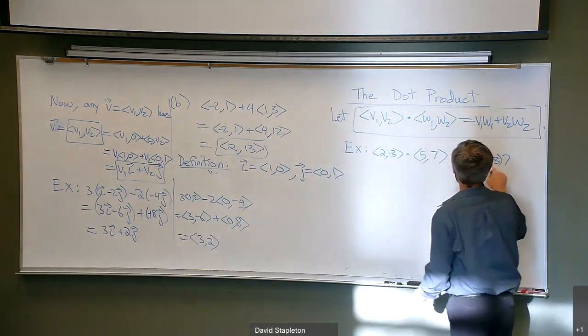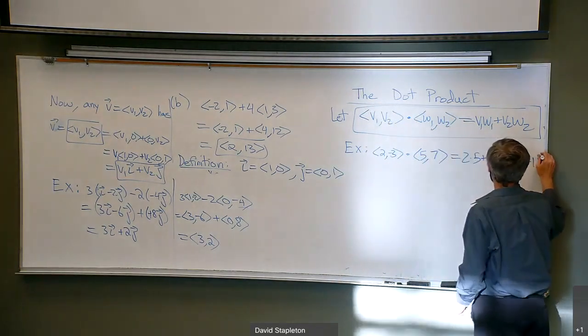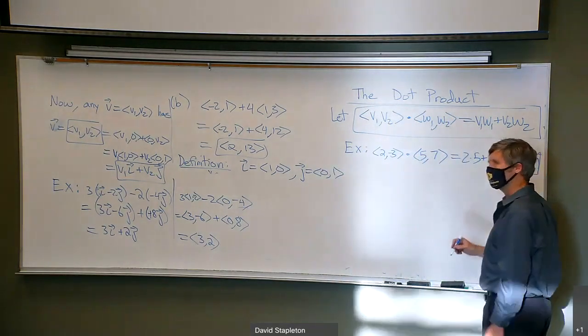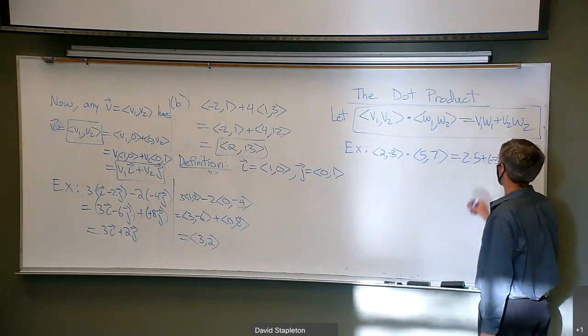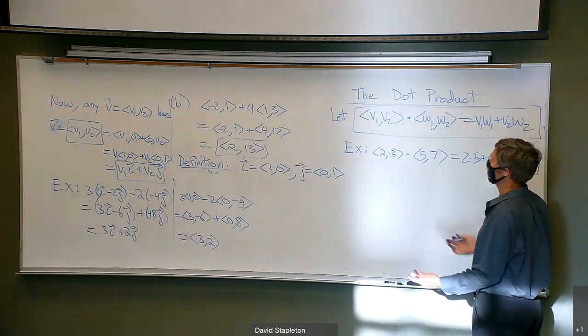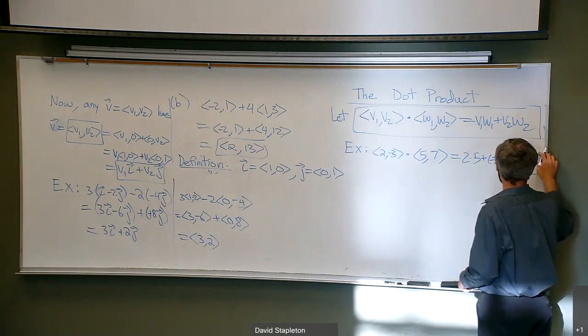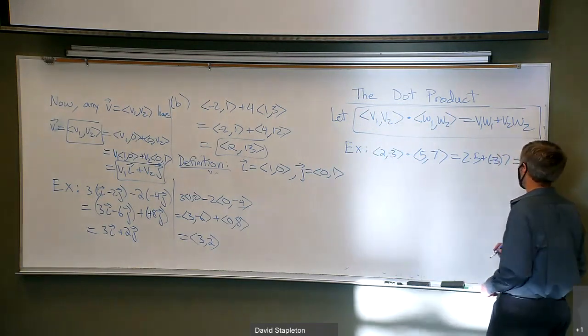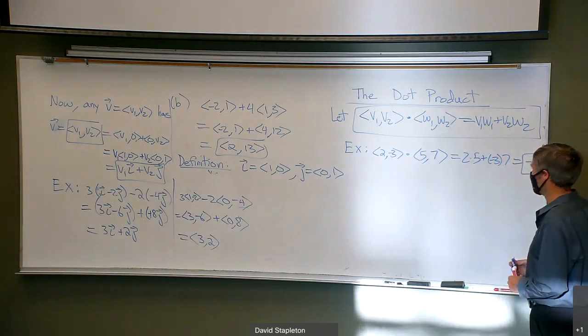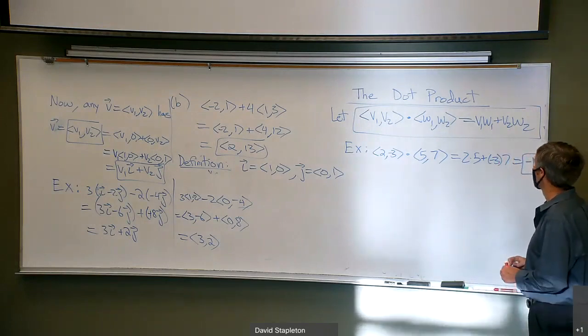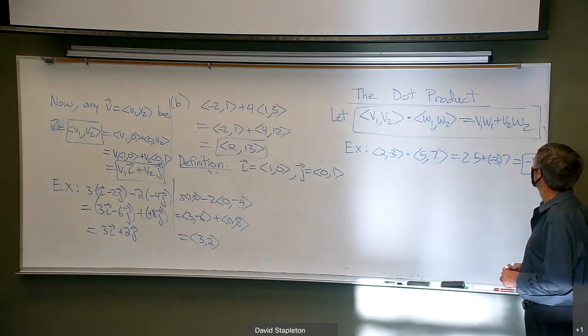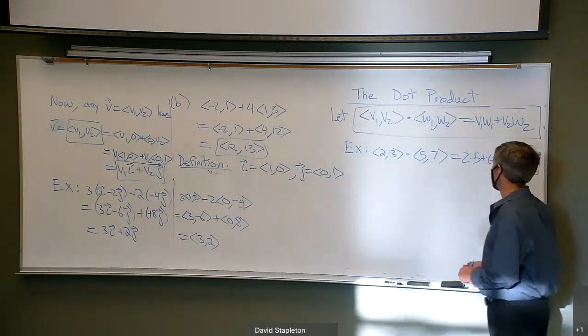And it's 10 minus 21 is minus 11. And now you suddenly realize that the dot product of two vectors is actually not a vector, but a number. You might think I multiply two vectors, I get a vector. No, the dot product of two vectors is actually a number. That's what this is calculating.